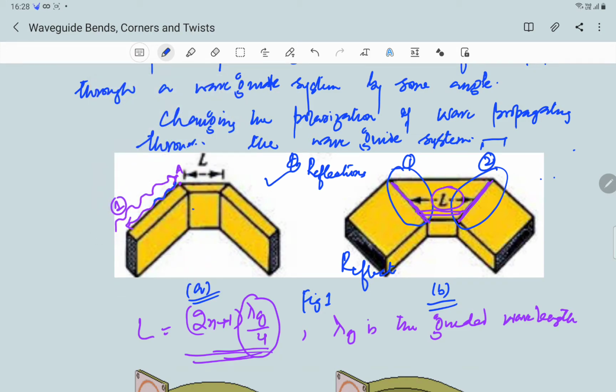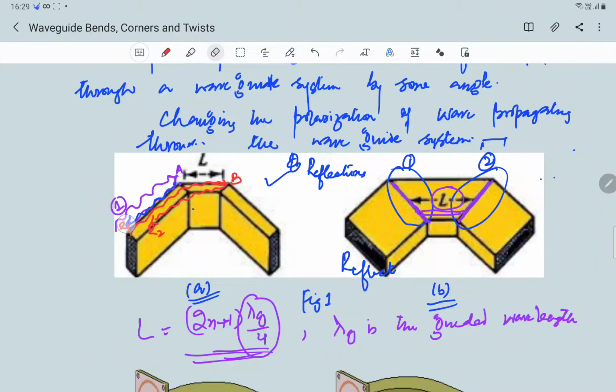Likewise, let us assume that there is another wave which gets reflected at point number B. Now we have two reflected waves, R1 and R2.